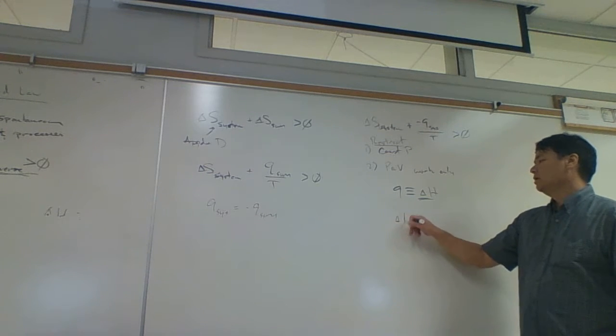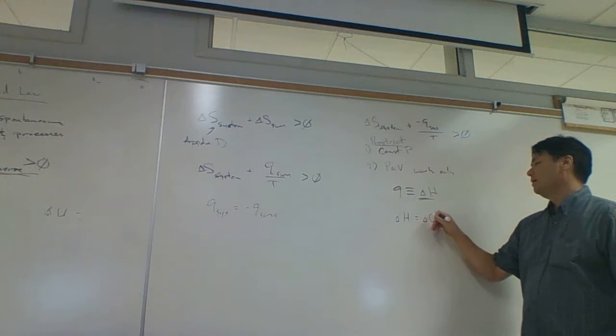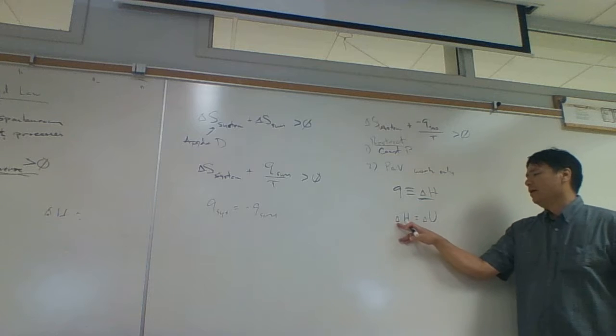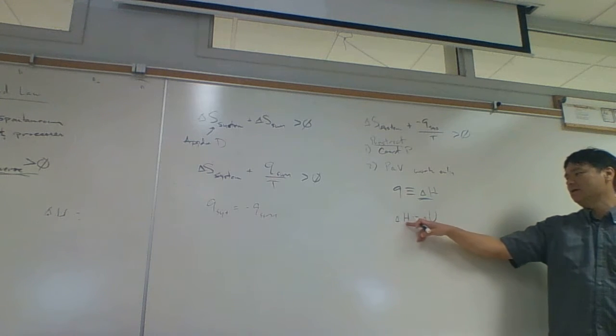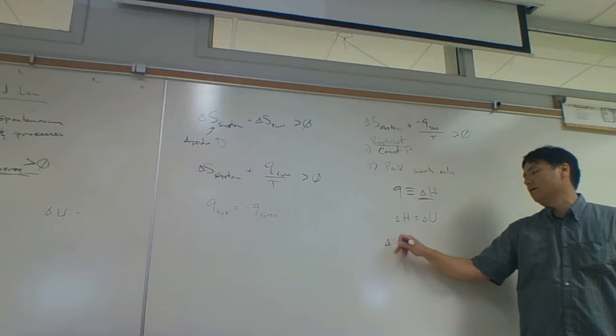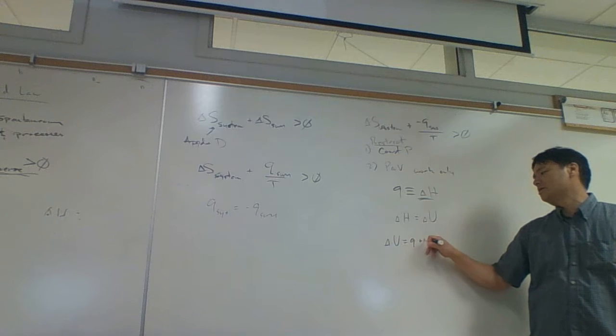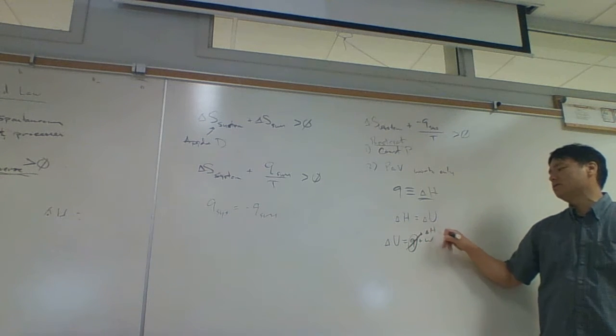Also, delta H, the way I think about delta H is this. This is the way I explain it in Chem 1A. I don't know if anybody remembers this, but let me just write it here. Delta U is equal to Q plus W. If we restrict Q, then we can call Q delta H, right?